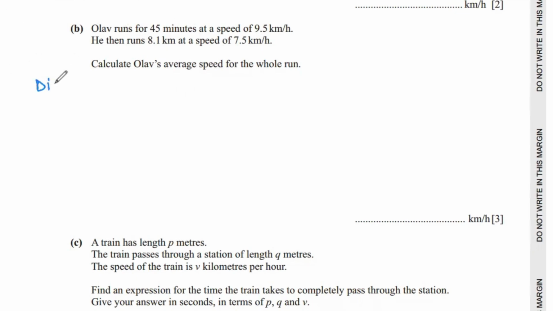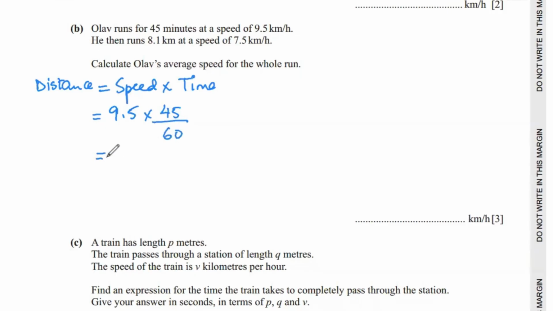So distance equals speed times time. Speed is 9.5 kilometers per hour. Now time is in minutes, so in hours it's going to be 45 over 60. So that's going to give us 7.125 kilometers.